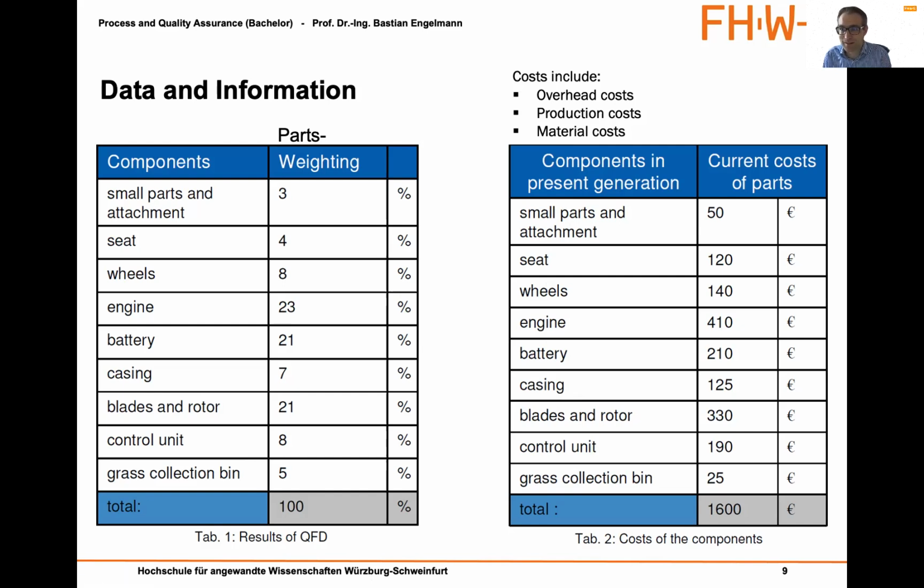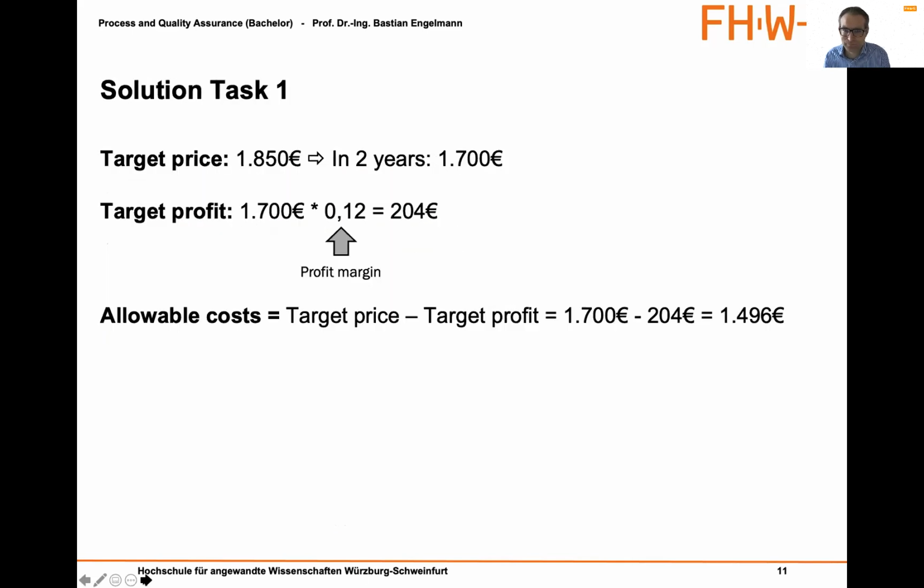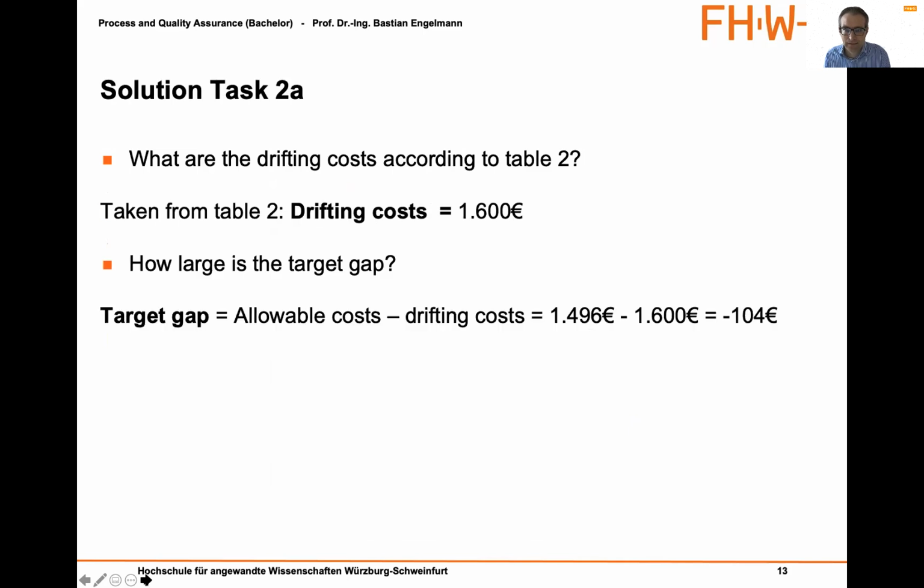This is nice, isn't it? Okay, so let's see. Here, the drifting cost from a table and how large is the target gap we already discussed. It's 104 euro.